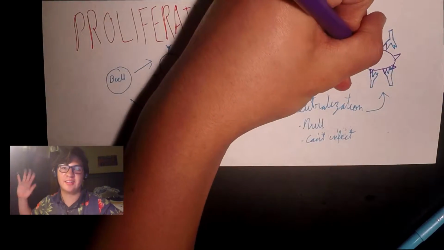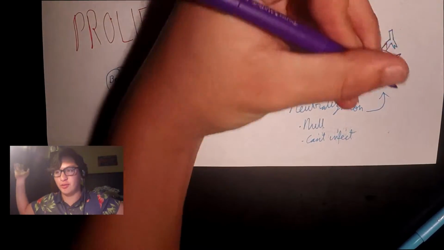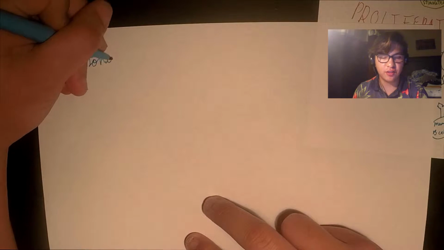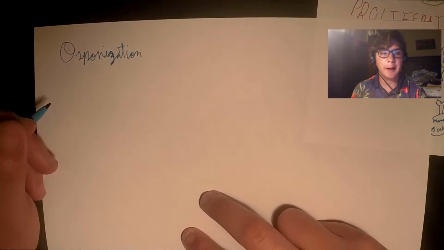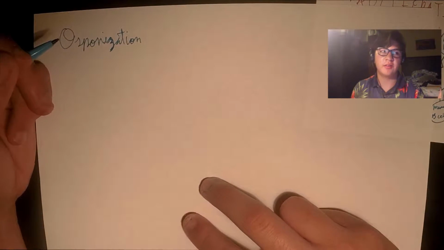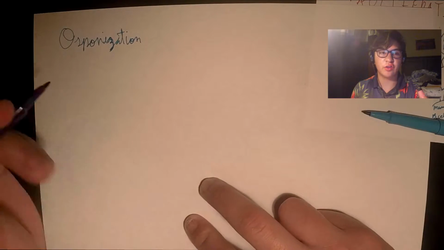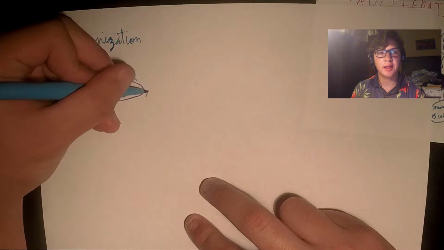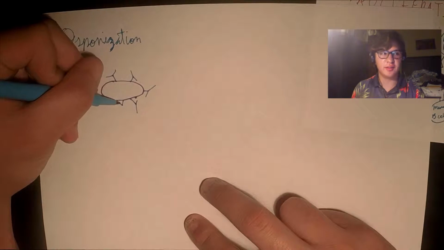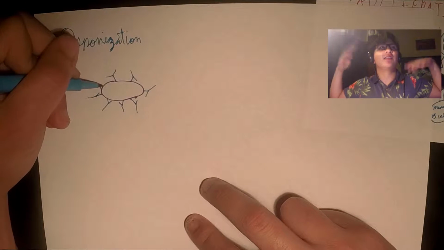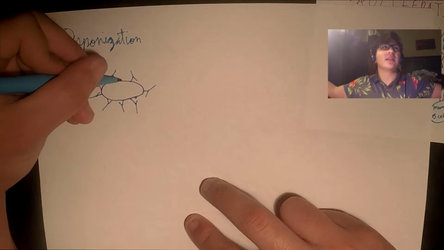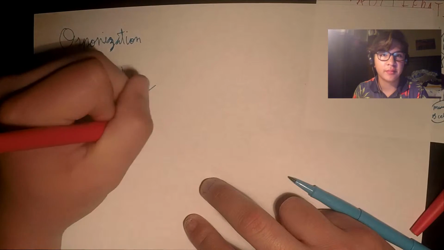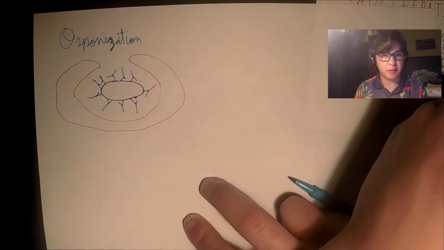It's kind of like, oh well, I can't do anything. Opsonization is another thing that will occur. Once the antibodies are attached onto the pathogen, phagocytosis is promoted. These antibodies are like, hey, you see this pathogen? Kill it. Kill me in the process too. Then again, antibodies don't really have a life, but you get what I mean.